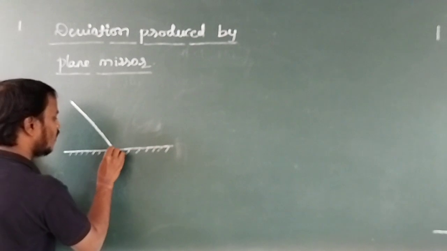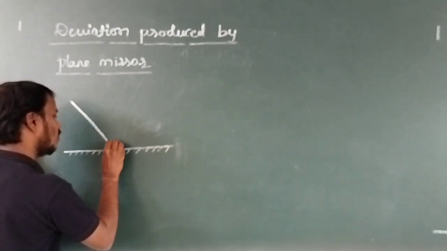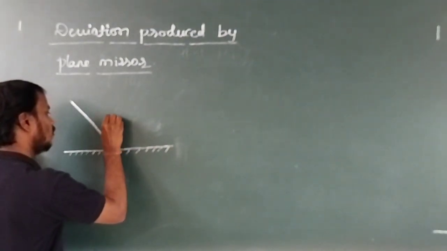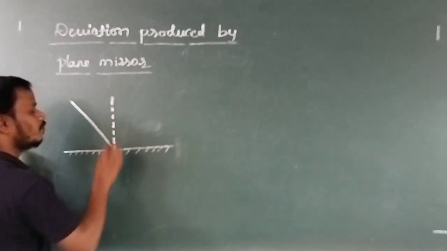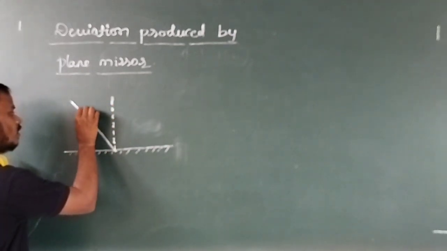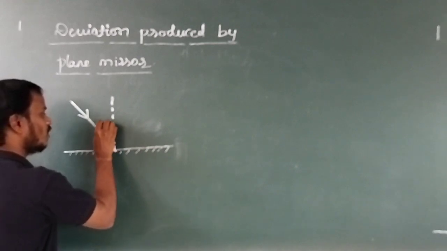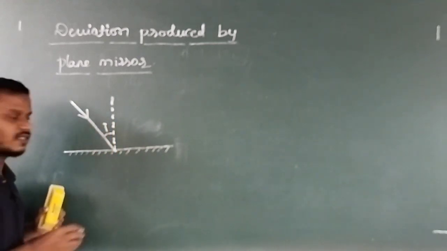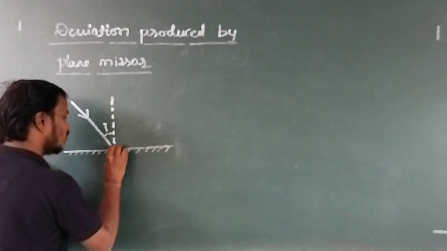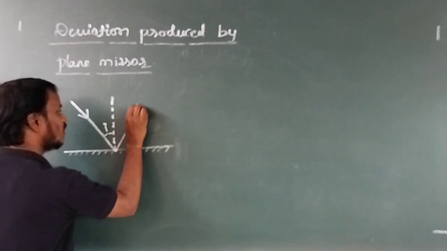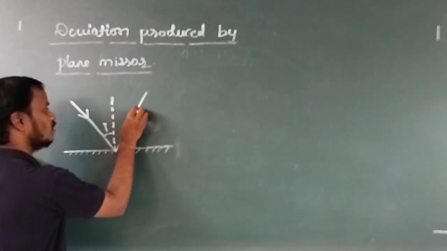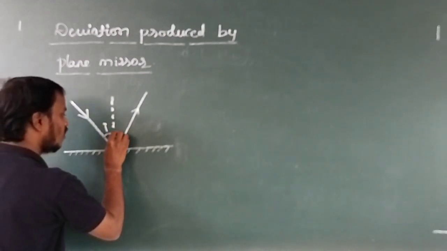Okay. So at the point of incidence I will draw the normal, in order to find the angle of incidence. This is the incident ray. The angle between the incident ray and the normal is called the angle of incidence. Then when the light falls on the reflecting surface, the light undergoes reflection. Then what is the angle of reflection here?